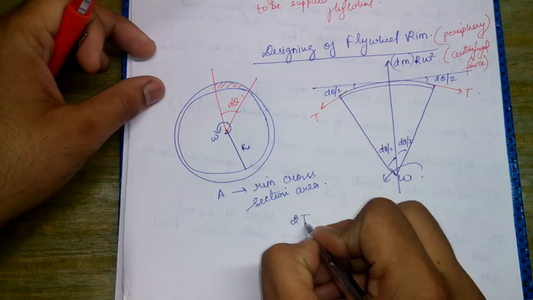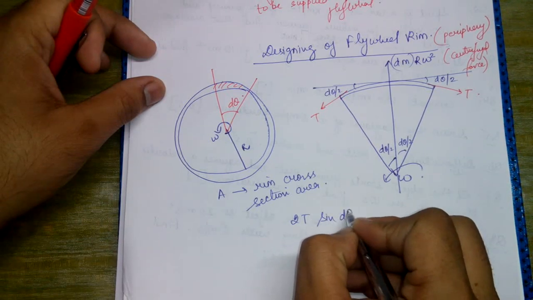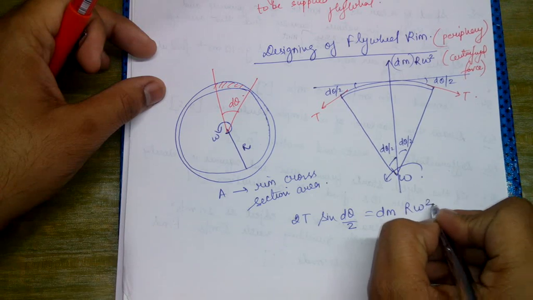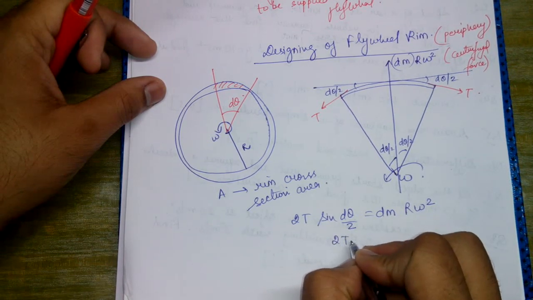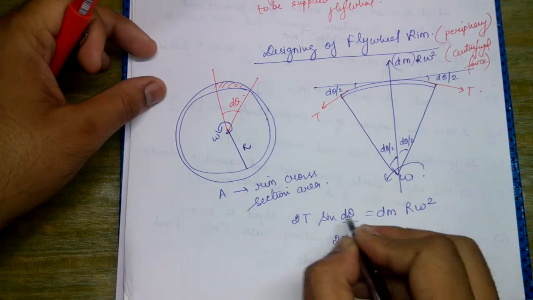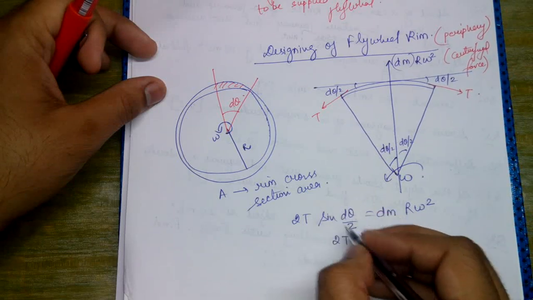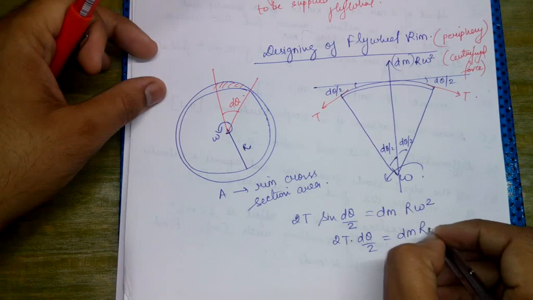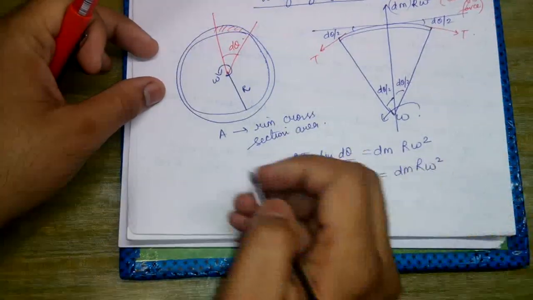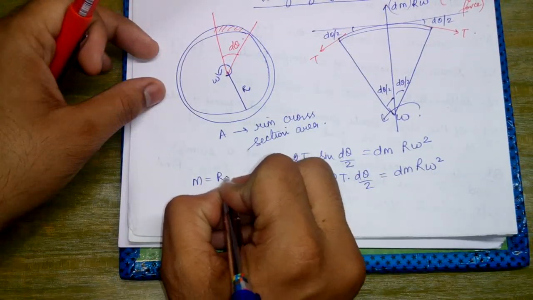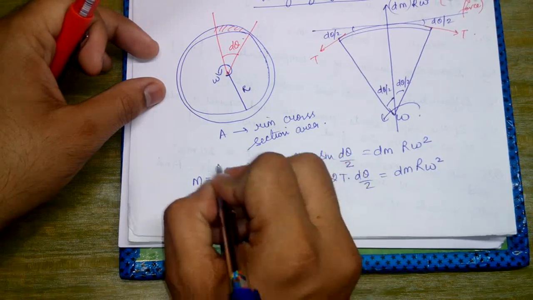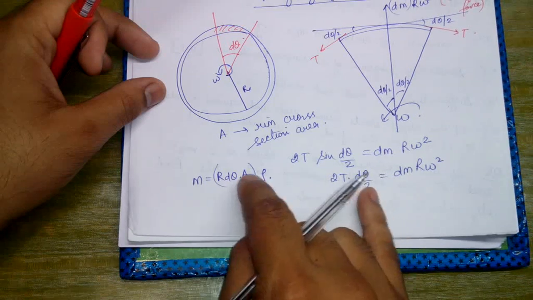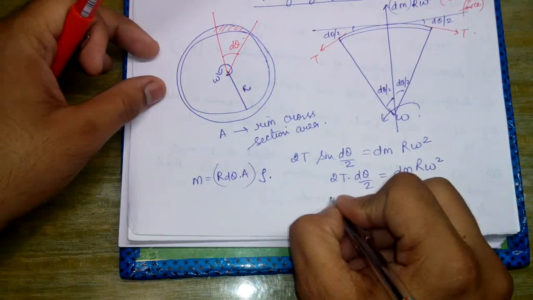We have 2T sine d theta by 2 is equal to dm r omega square. So 2T into d theta by 2, since this angle is small, sine theta is nearly equal to theta. This is equal to dm r omega square, and dm is equal to r d theta A into rho, that is mass is equal to density into volume.